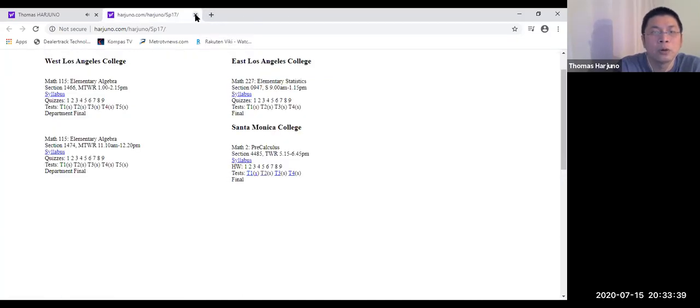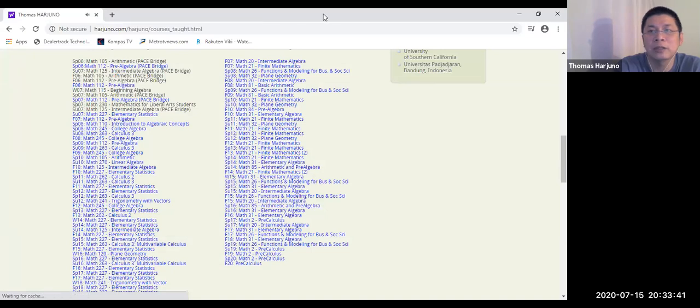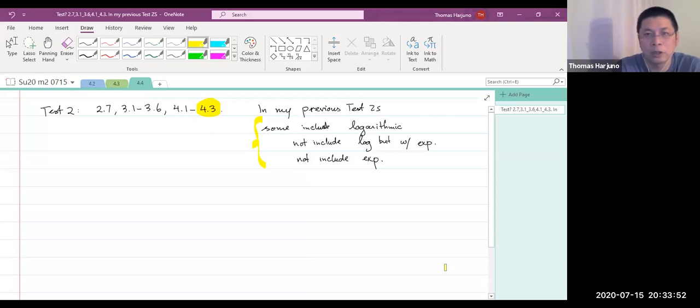So again, I said this to emphasize that in my old tests, some of them don't have log, some of them don't have exponential. The one that doesn't have log, don't worry, you still can study. The one without exponential, you still can study, but make sure you get enough material from exponential functions and exponential equations.